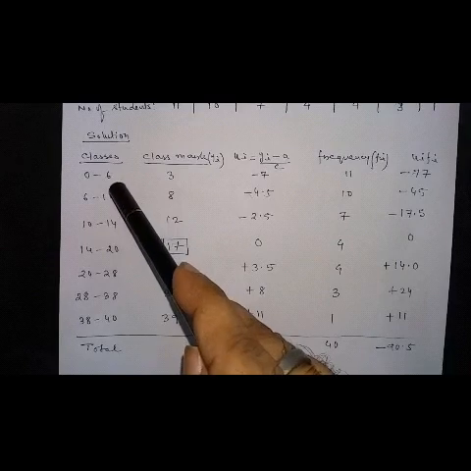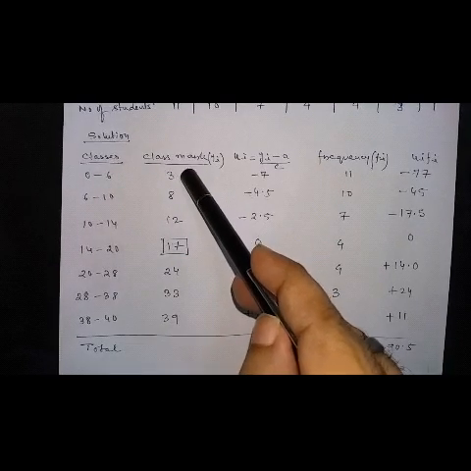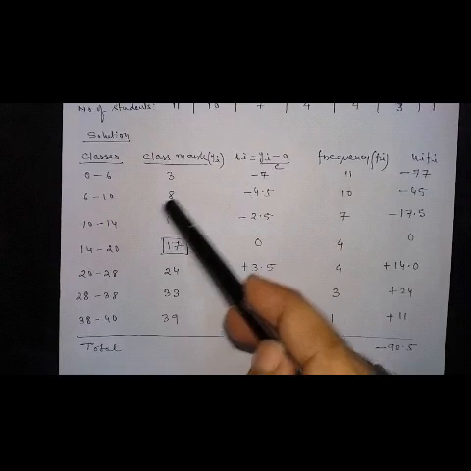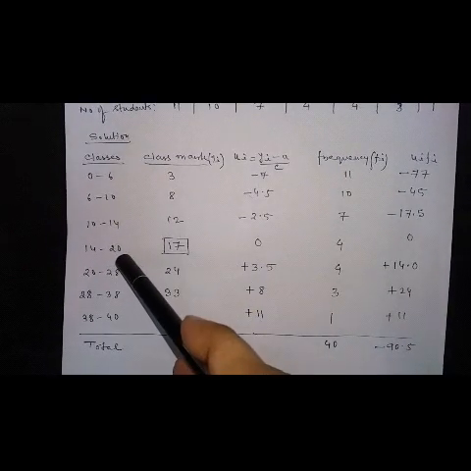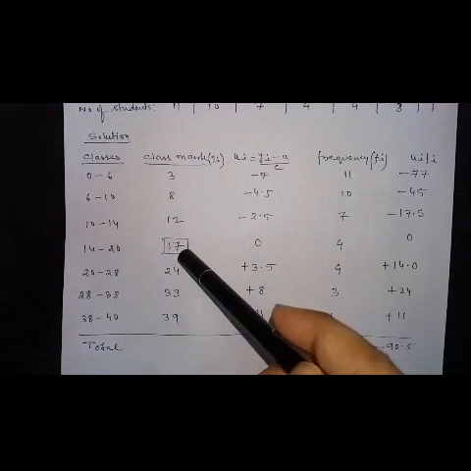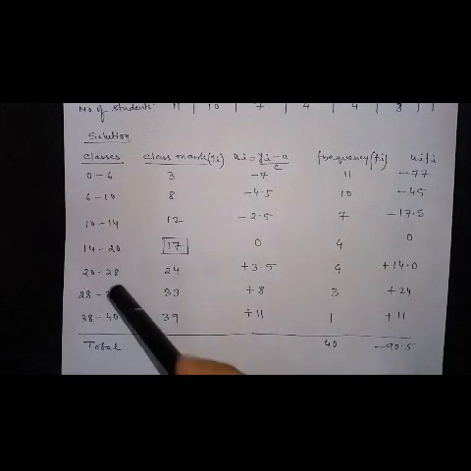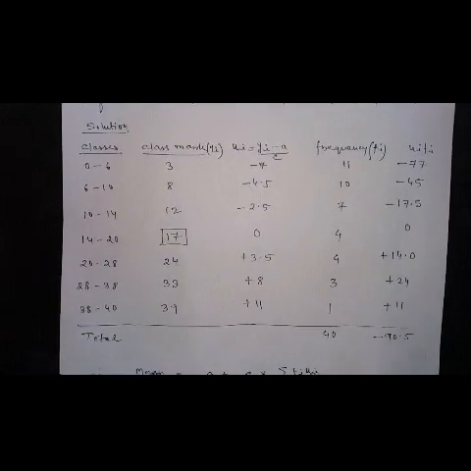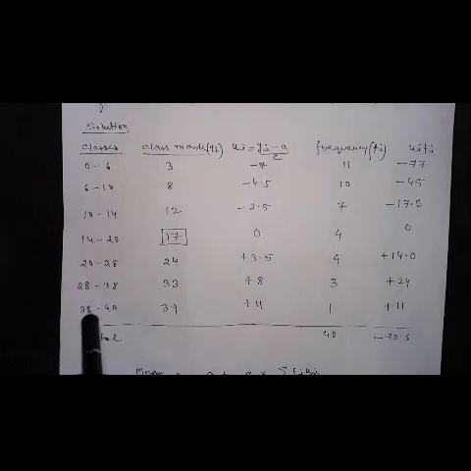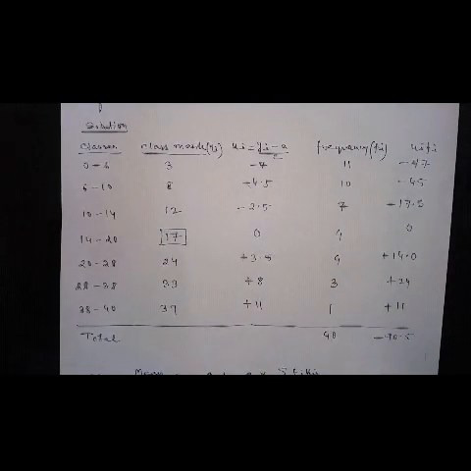So 0 plus 6 by 2, 3; 16 by 2, 8; 24 divided by 2, 12; 14 plus 20, that means 34 divided by 2, 17; 48 divided by 2, 24; 28 plus 38, that is 66 divided by 2, 33; and 78 divided by 2, 39.